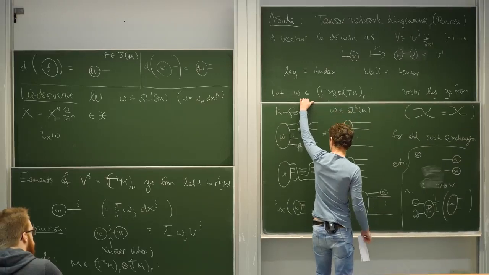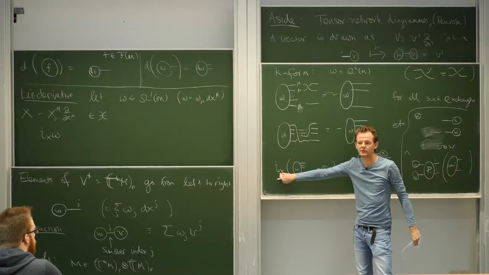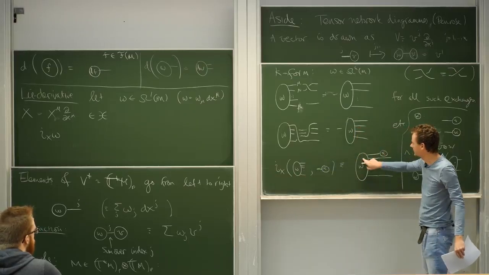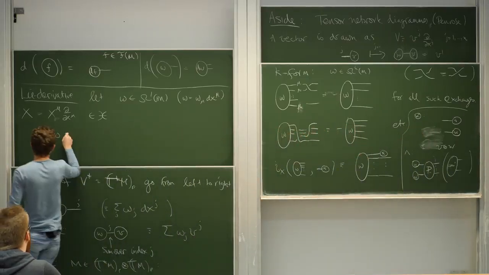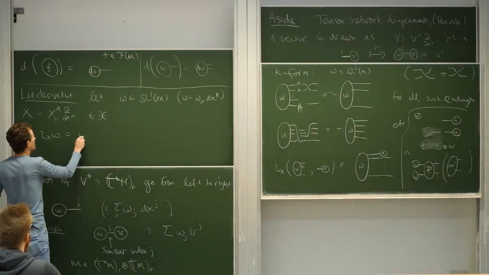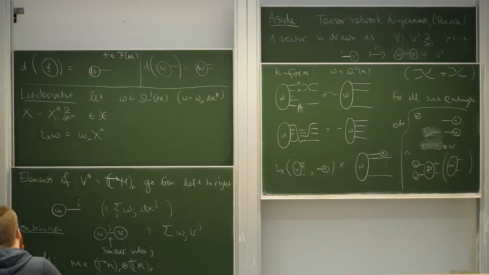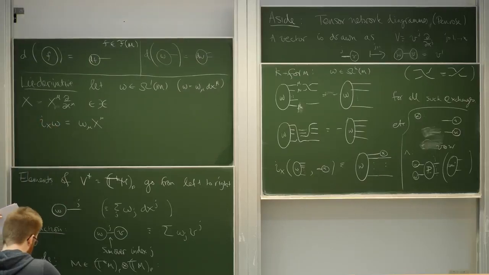So we have a one form and the interior product of a vector with a one form. Well, you just contract the vector with the one form, so you should get a number. Indeed we do. We just get the number omega mu x mu. Easy peasy, right?